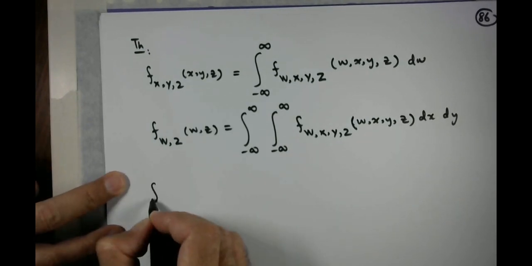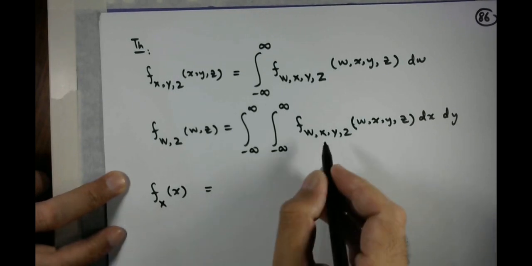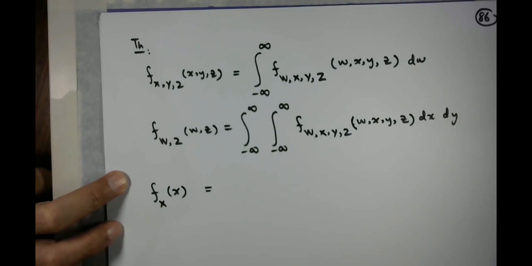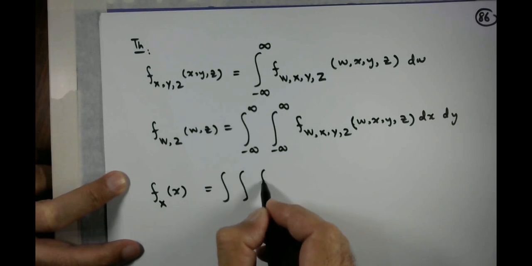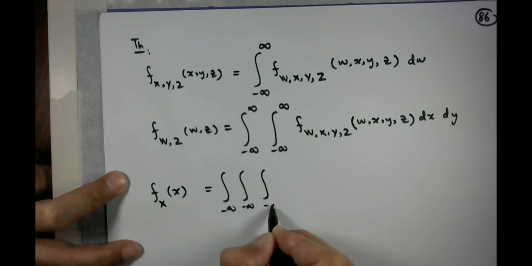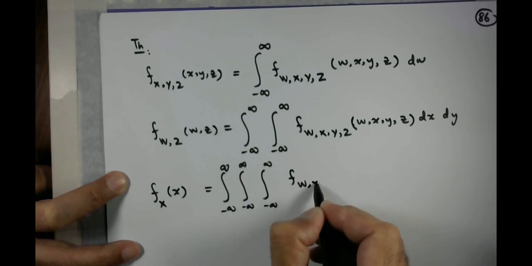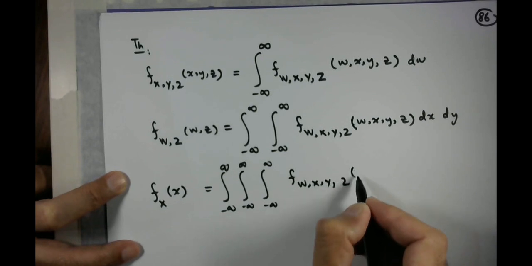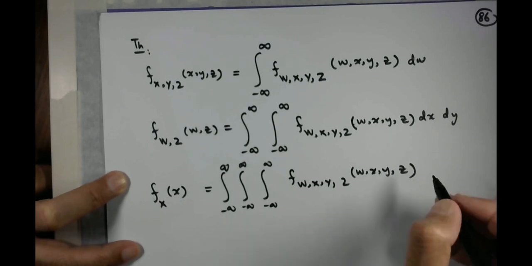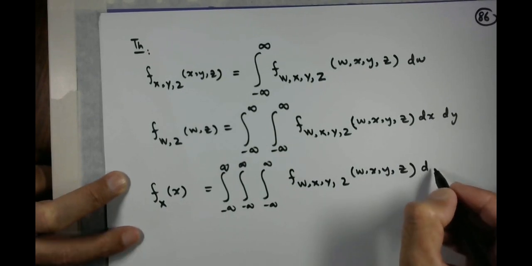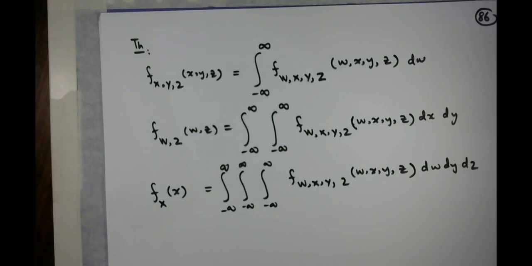And suppose you want to find f sub x of x from the giant four-dimensional distribution of w, x, y, and z. So now you will have three integrals and the giant distribution of w, x, y, and z, and you will integrate it on dw, dy, and dz.